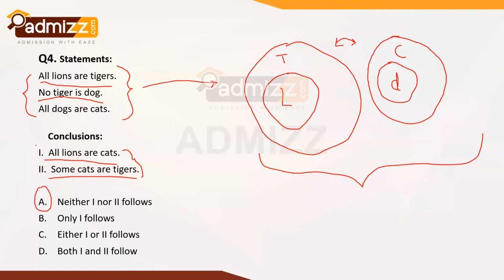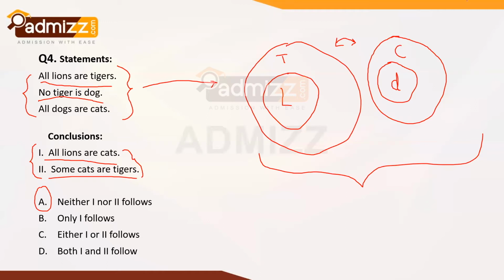And since the term possibility is not included in any of these conclusions, just judging by this illustration, what I can clearly see is that neither I nor II follows. So option number A is the correct answer in this case.